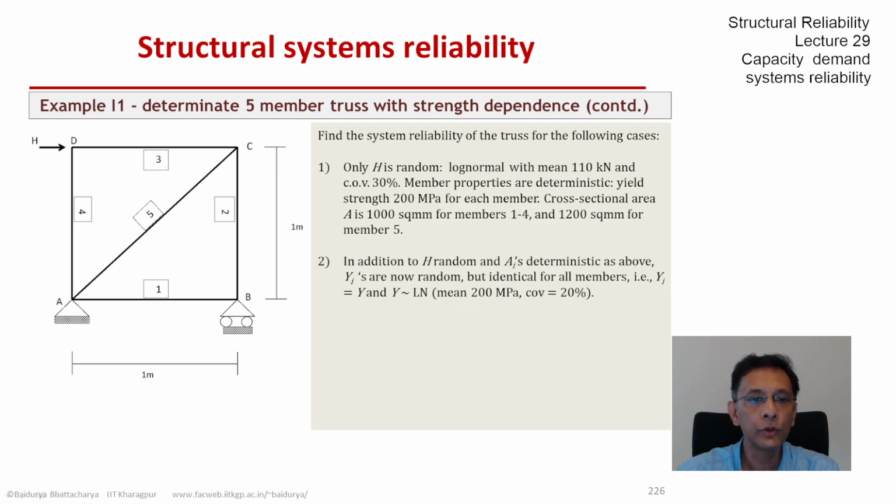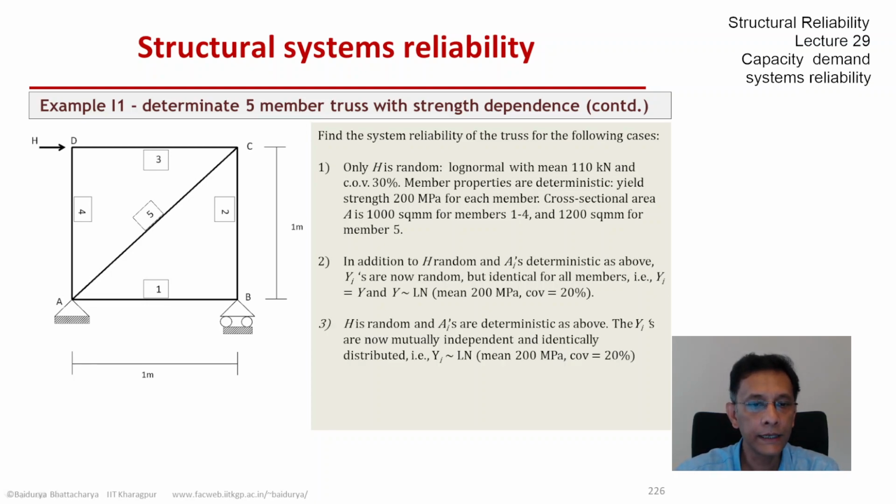In case 2, we introduce randomness in the member strengths. The Y's, all the yield strengths are random, but they are the same, so they're identical and fully dependent. H continues to be random as before, and the cross-sectional areas are as defined before and non-random.